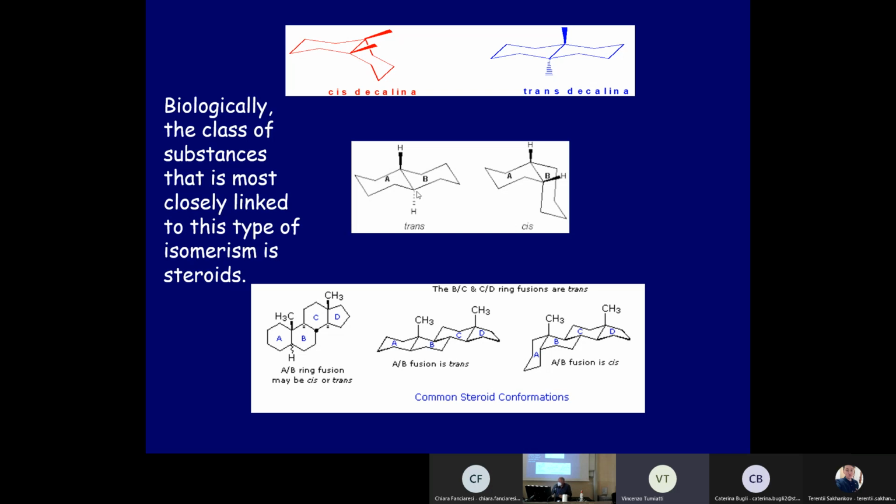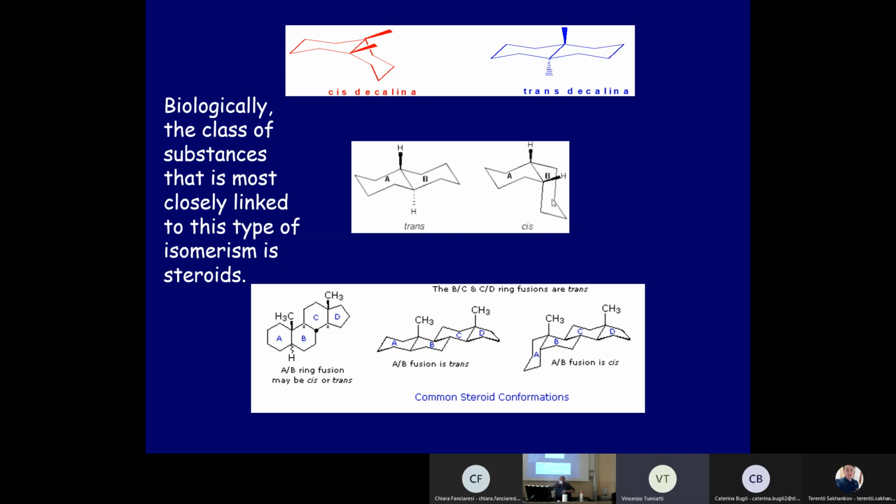So when you see this type of system, it's important to see the position of the substituents on the two common carbon atoms. If you have the hydrogen in the opposite part, you have the trans isomer. This means that the two rings are on the same plane, A and B. If you have the cis isomer, the two rings are quite perpendicular.